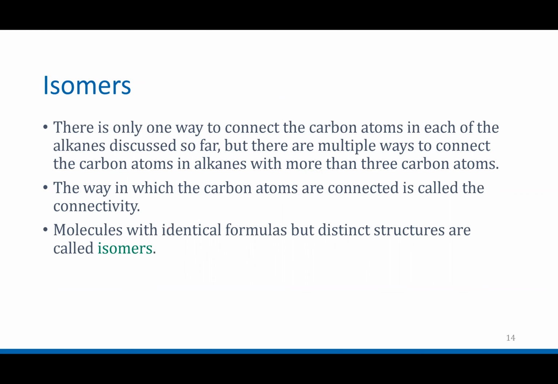But any hydrocarbon, I should say, that has more than 3 carbon atoms, there are different ways to connect them together. The way in which we connect them is called connectivity. And you don't have to worry about that. But this you definitely need to know. Wink, wink.